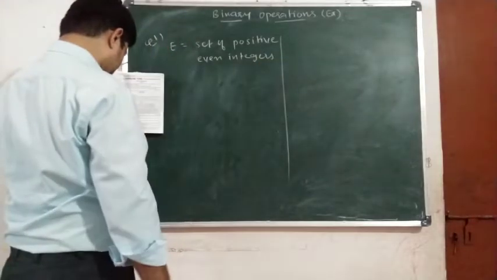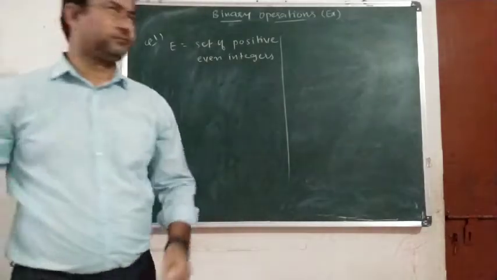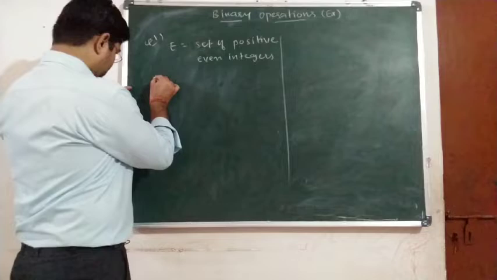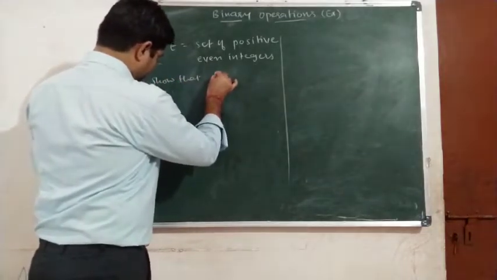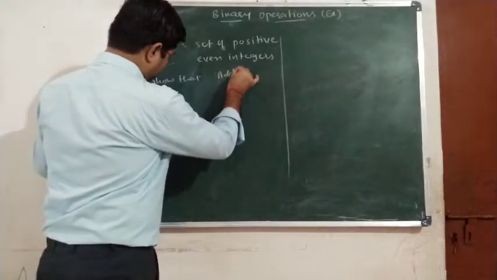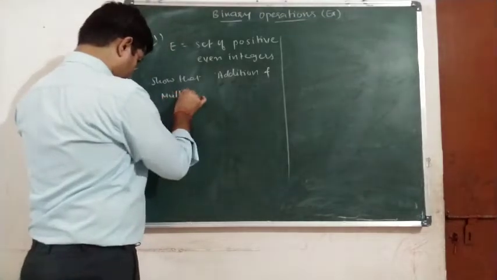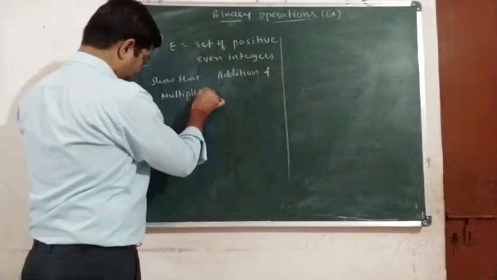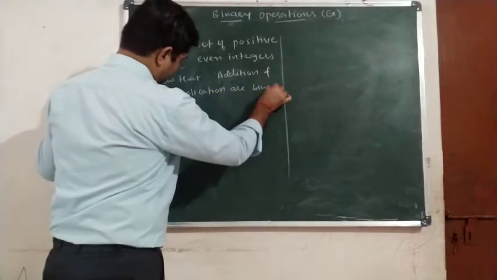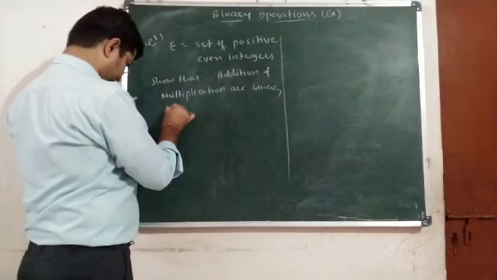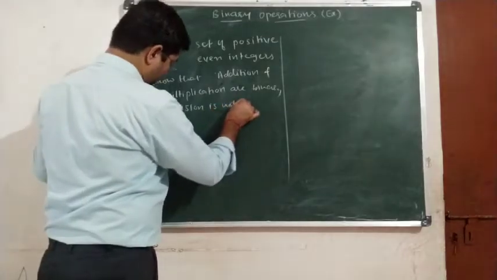We have to show that addition and multiplication are binary but division is not binary.